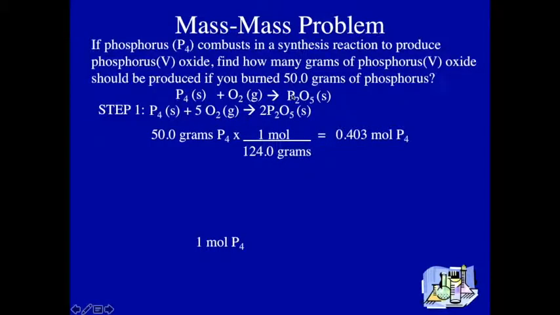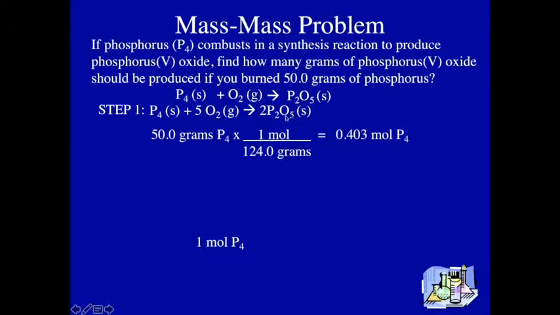The simplest way I can do that, I have P4. If I have P4 and I have P2O5, I'm going to need at least 2 P2O5s on the product side. That way I have 4 phosphorus atoms on the reactant side and 4 phosphorus atoms on the product side. If I have 2 molecules of phosphorus 5 oxide, or what I would call diphosphorus pentoxide, I actually have 10 atoms of oxygen.